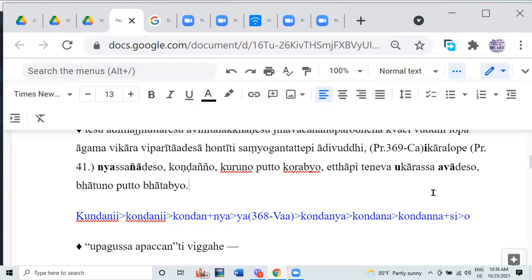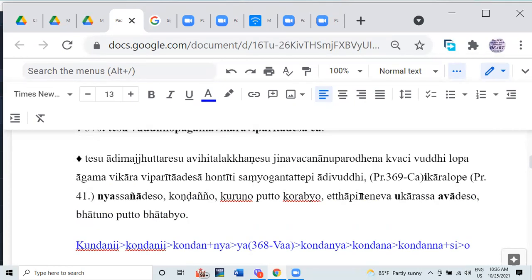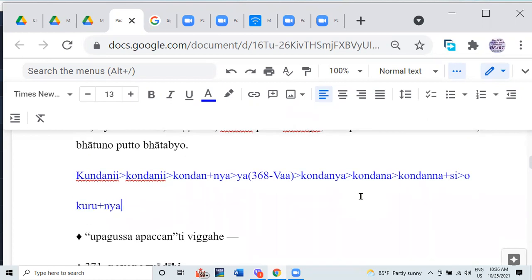Okay, correctly. And then Bhadu no, Bodho, Bhadu same. Kuru no. Okay, let me explain. Kuru plus near surface. Korabyo, koru. Firstly, koru. The ko is odi.